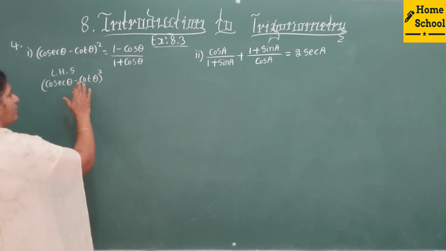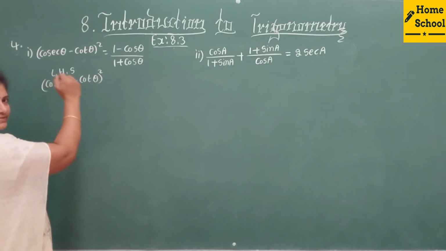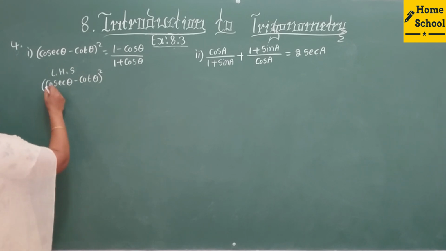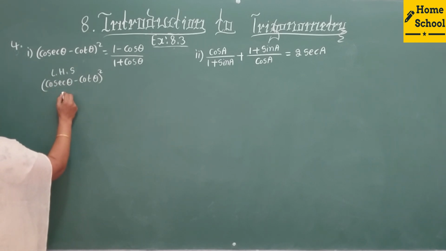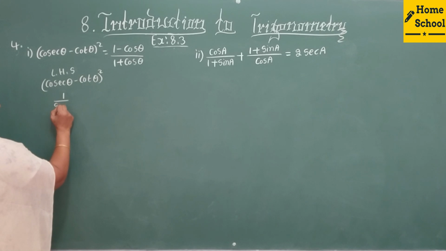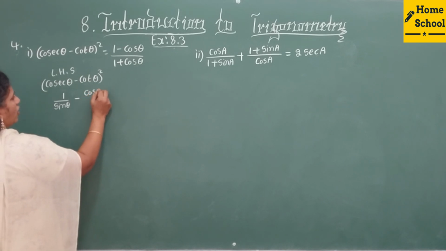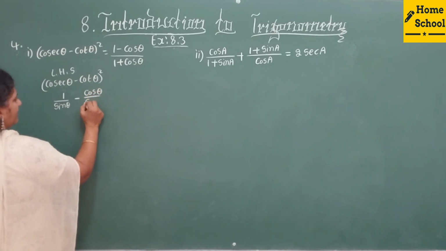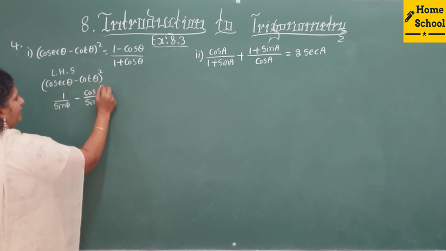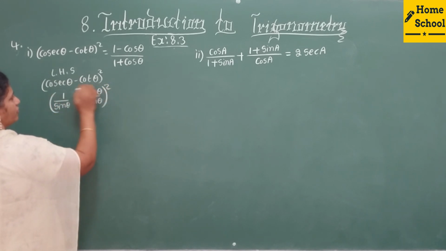Okay. In this problem, I am considering left hand side first and I will try to solve. Cosecant theta can be written as 1 by sin theta minus cot theta can be written as cos theta by sin theta. Children, write in the simplest form these are all.